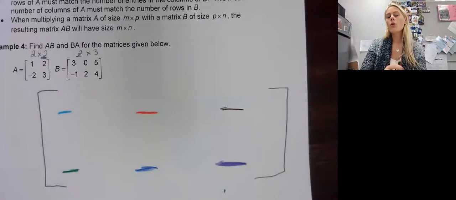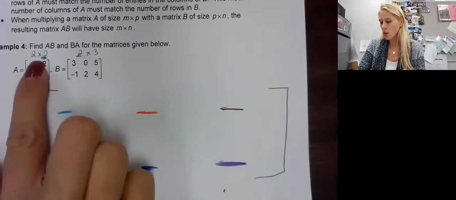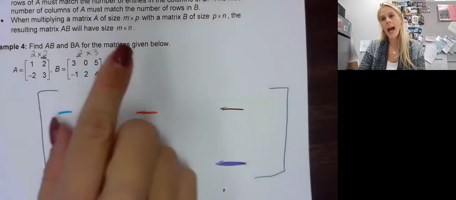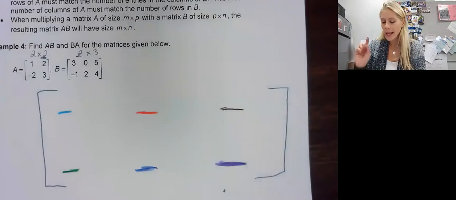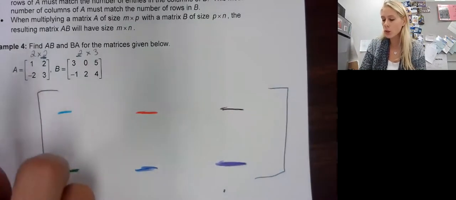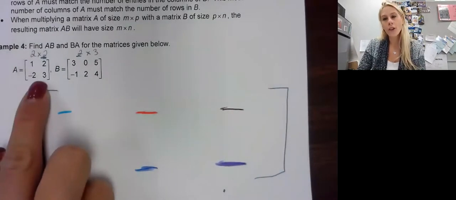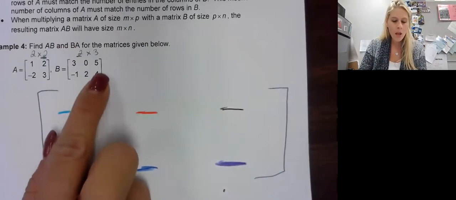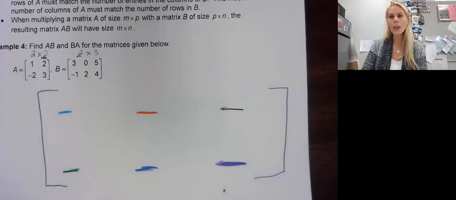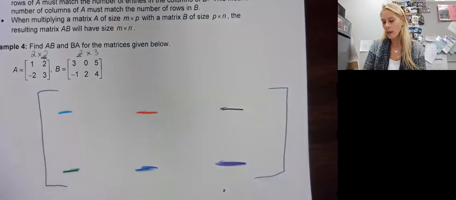Okay, so why is it that the rows in our first matrix have to be the same as the columns in the second? It is because we are going to use the row of the first times the column of the second. Okay, so I'm going to write this down as a note, but you will write all the math down.